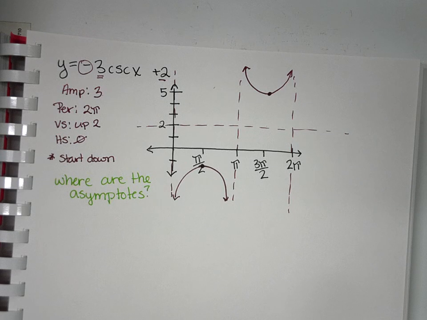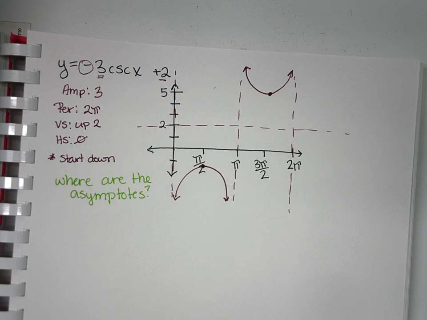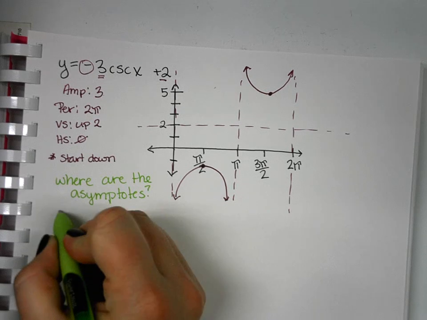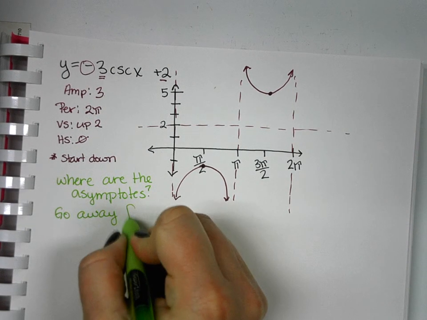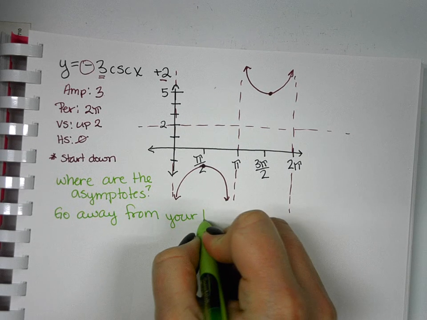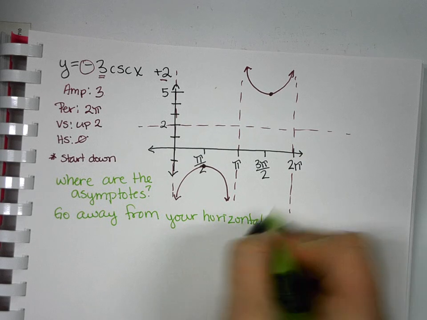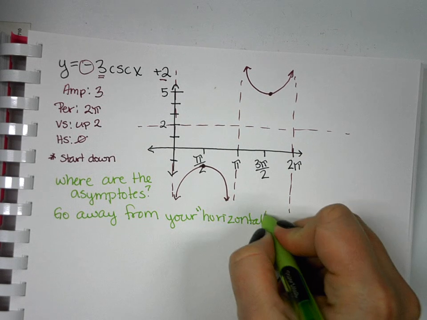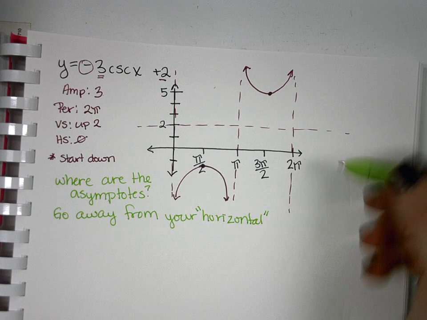So if in this case it was up 2, if it's the y-axis, wherever it is, your graph has to go away from it. So you want to go away from the "horizontal." I'm just going to put that in quotes because we're talking about wherever that horizontal moved if there was a vertical shift.